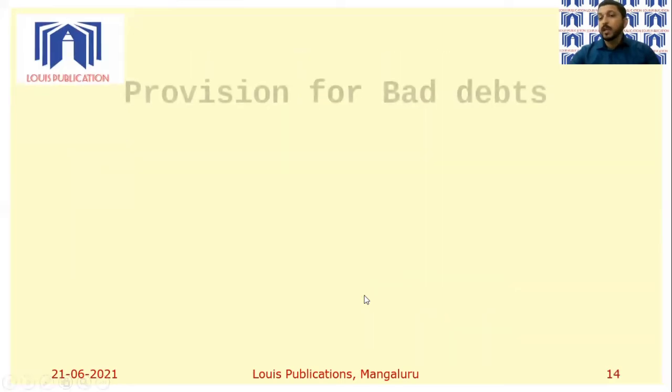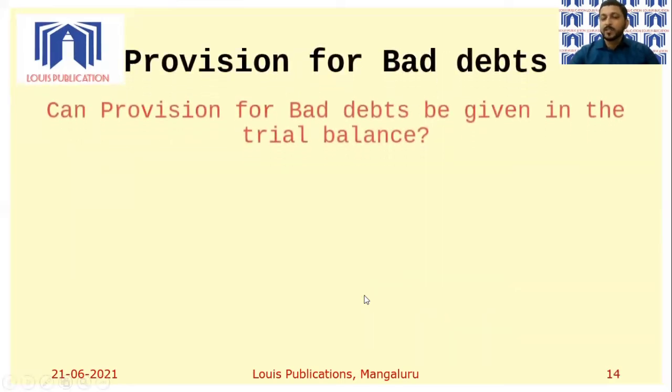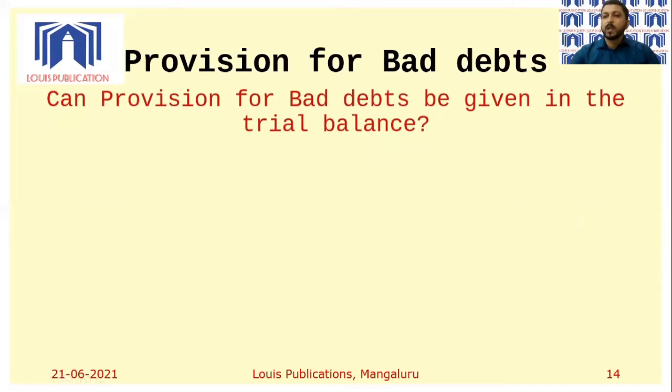Next, a very, very important question: can provision for bad debts be given in the trial balance? Once again, the answer to the question is yes. Why yes? Whenever you find provision for bad and doubtful debts given in the trial balance, that represents old provision.